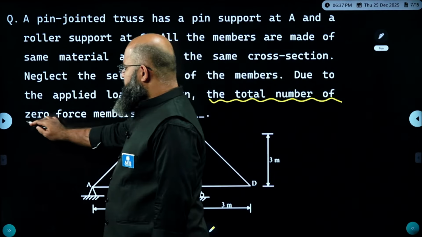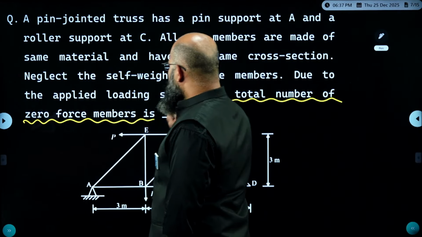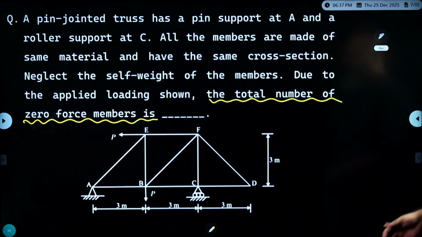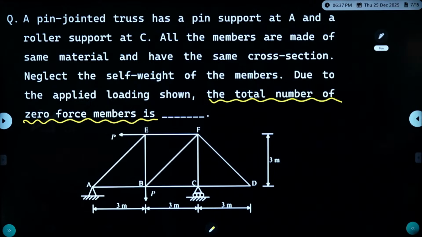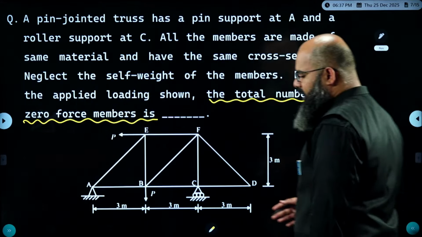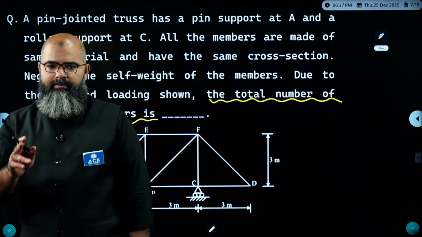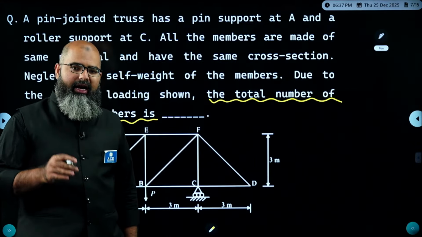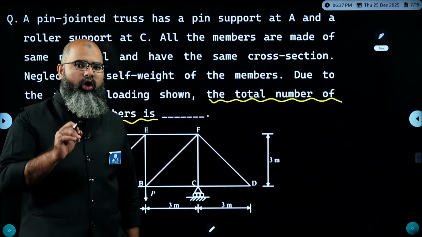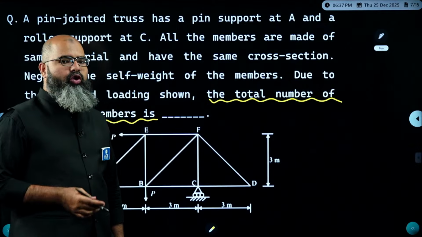Total number of zero force members. Now, if you remember regarding zero force members, we have discussed there are some rules. The first standard rule: if you are having a particular joint where you are having only two members and no other force present, and those two members are non-collinear, both the members are zero force members.